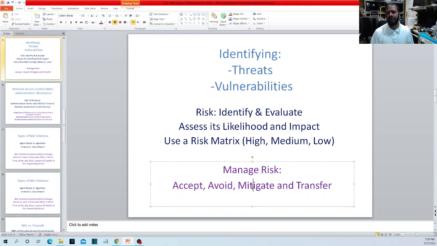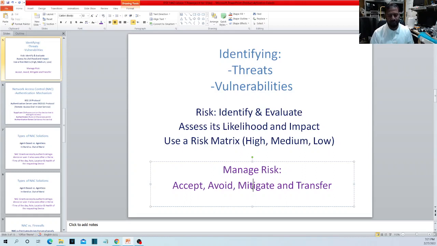Never can be eliminated, such a risk. Fire risk cannot be completely eliminated. So what you can do, you can mitigate. For fire, you're going to have the fire alarm, you have the fire extinguisher system, everything is in place. For the virus, you're going to have the top of the line antivirus. You buy it, install it, configure it, and have antivirus on guard. These are the things you do to mitigate the risk or reduce the risk.